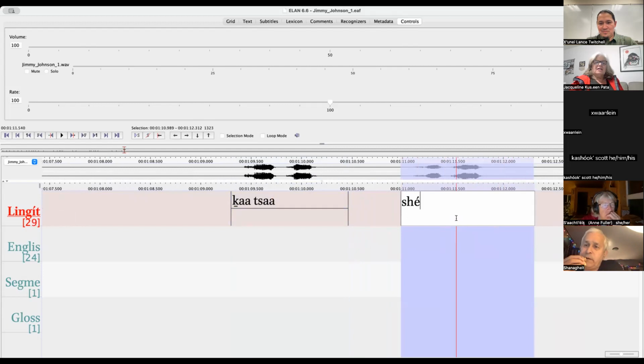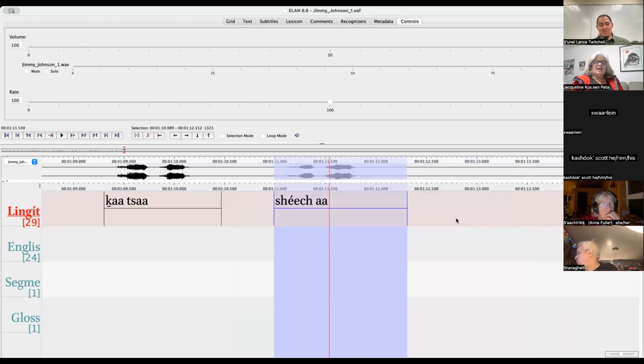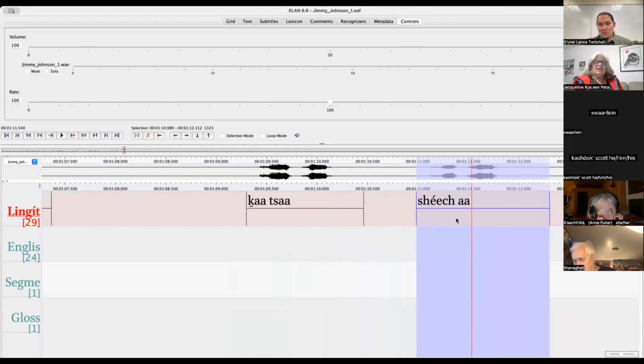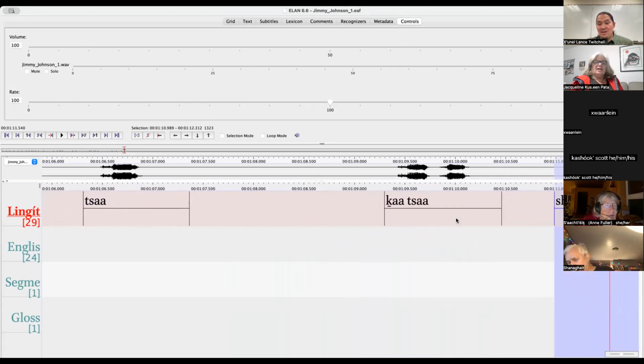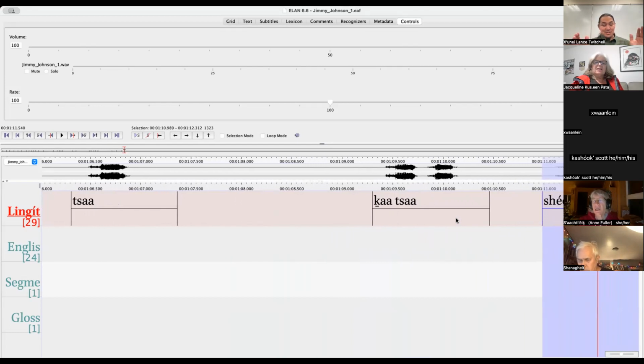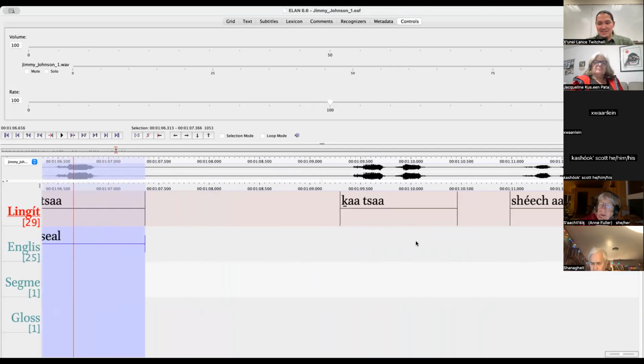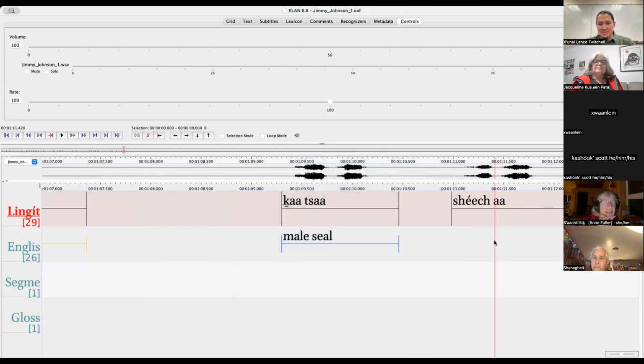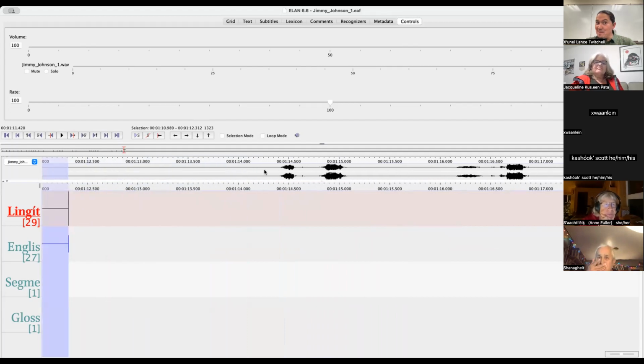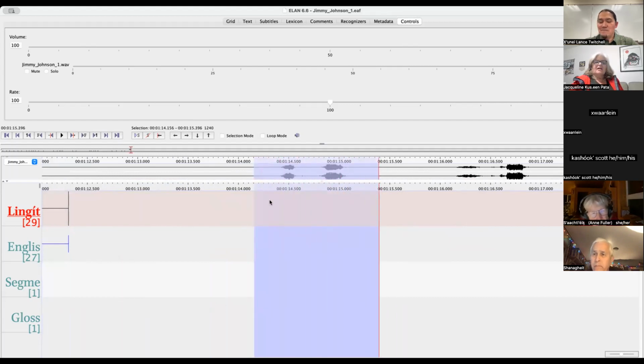Is that a deer? Well, saw, pa, saw, sheech. This is all three related things. Female one. Female, yeah. Seal, male seal. Yeah. Seal. That's the baby. what cha, what?